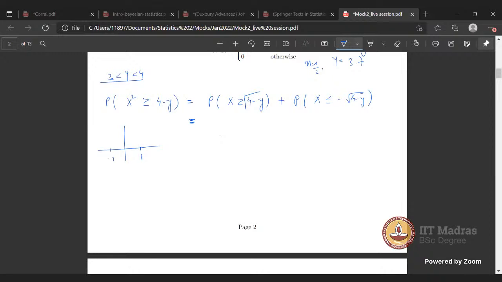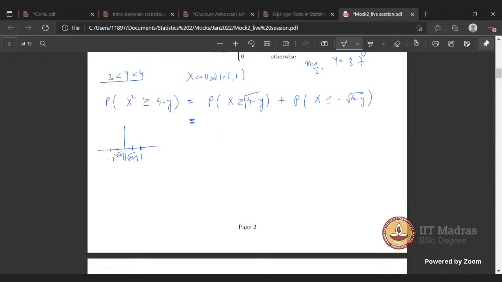Now you just have to use the uniform distribution PDF formula. So x is uniform in -1 to 1. In this case, x is greater than the square root of 4 minus y. So let's say this is our root of 4 minus y and this is our minus root of 4 minus y.